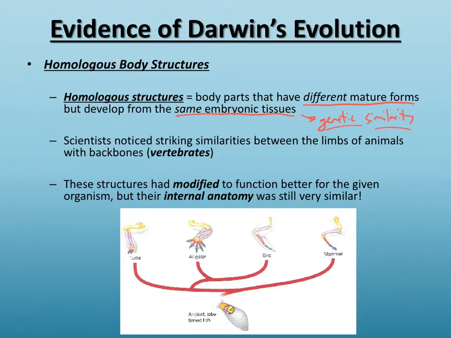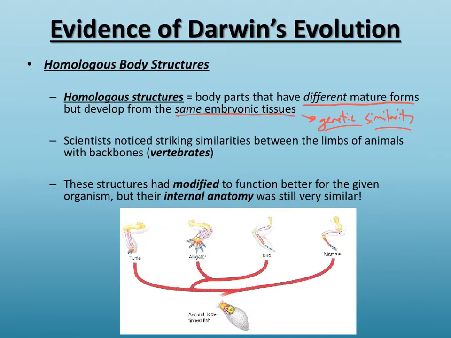Right, so a long time ago, scientists thought, well, hey, this organism has wings and that organism has wings. They must be similar, even if we're talking about a bat and a bird and an insect. Today we understand better than that, right? But if we see two structures that are similar and they have a similar genetic lineage, then we realize this might be evidence of more common ancestry.